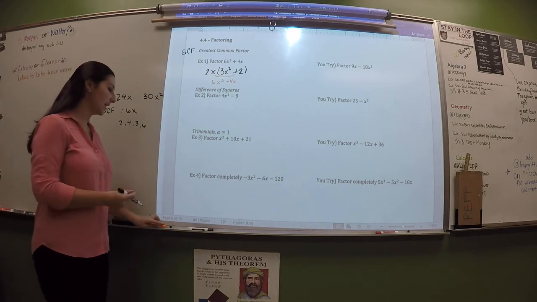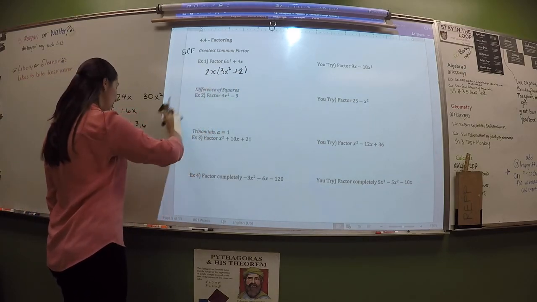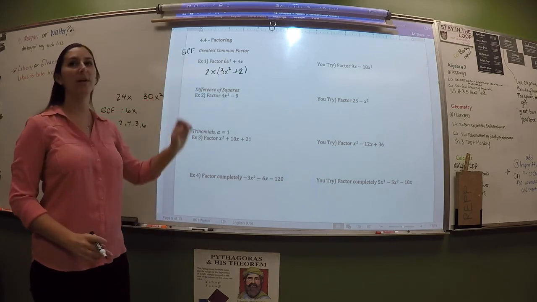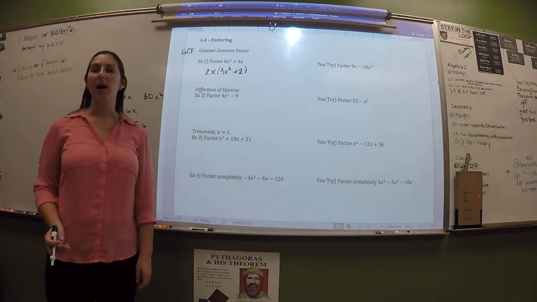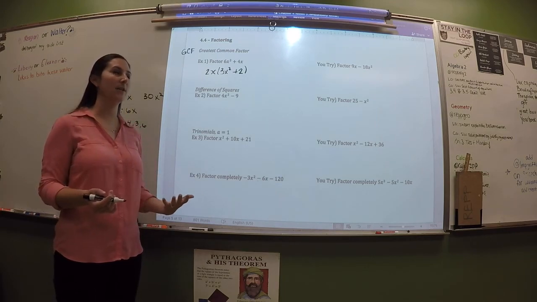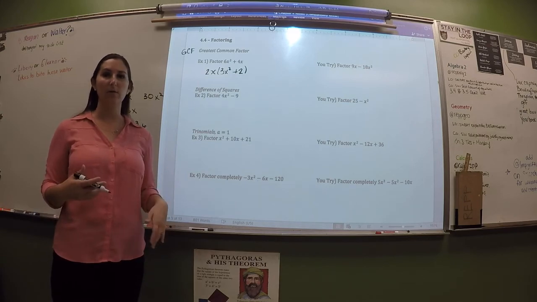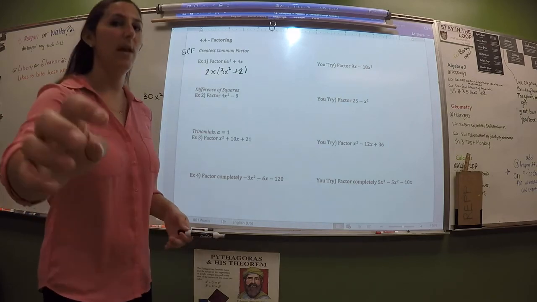All we're doing is taking out a greatest common factor. Whenever you're factoring, you should always check this first. Whenever we solve, you always want to take out a greatest common factor or divide by a greatest common factor, depending on the question.